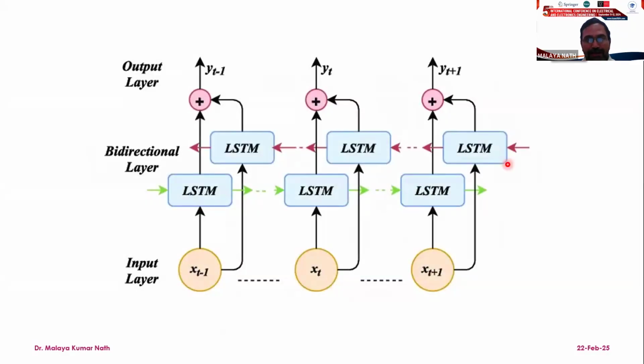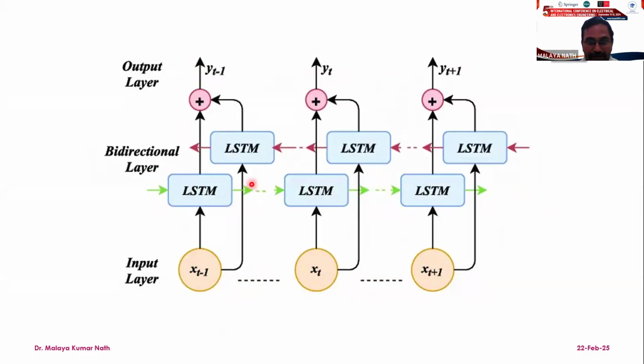So now how exactly can this be represented? This can be represented in another form, which consists of different LSTMs in the forward pass as well as LSTMs in the backward pass. If you look into the three-layer architecture, where three layers are present, one is x of t, the previous layer x of t minus 1, and the next layer x of t plus 1. Each layer has an output, that is y of t minus 1, y of t, and y of t plus 1.